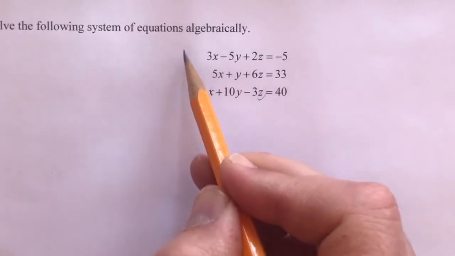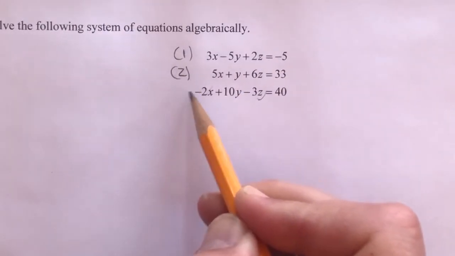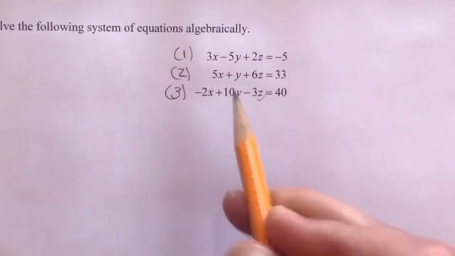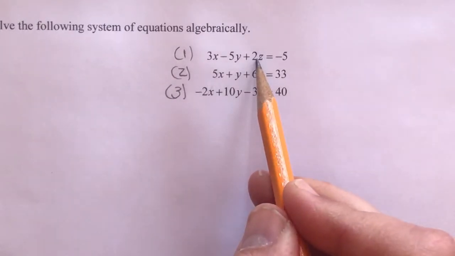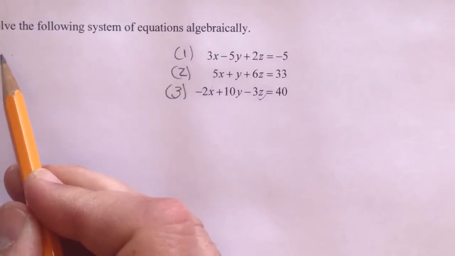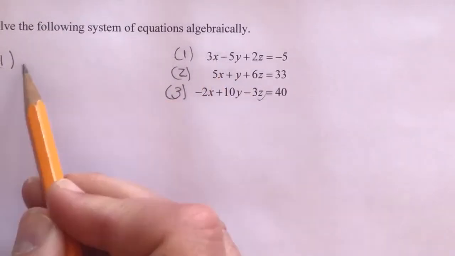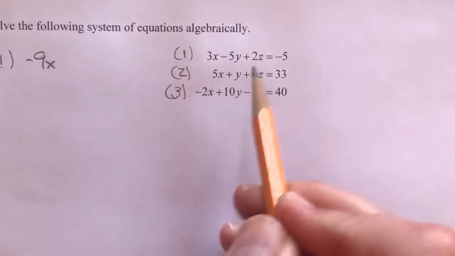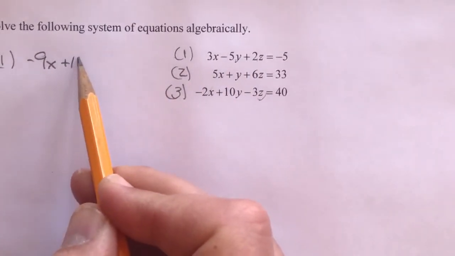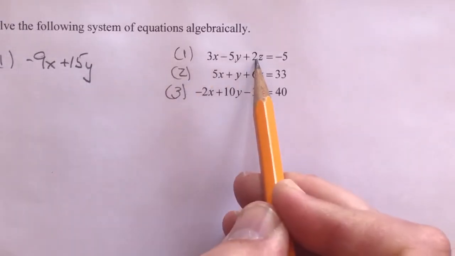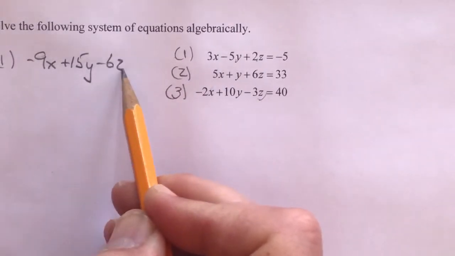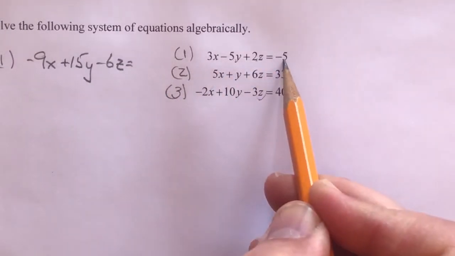So I'm going to call this equation 1, equation 2, equation 3. I'm going to take equation 1 and multiply it through by -3. So I'd get -9x, positive 15y, -6z, and don't forget to distribute here.